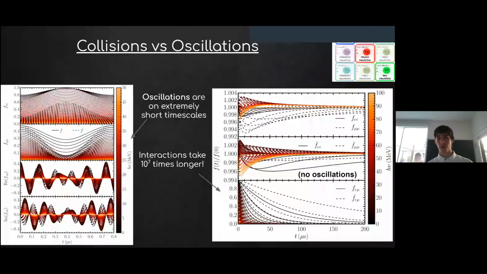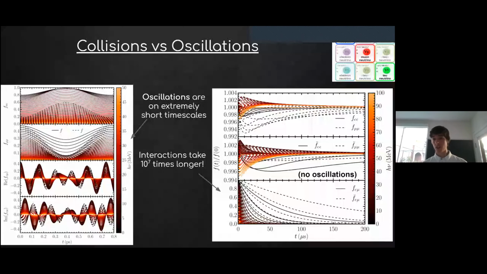This is a particular choice I just started. I'm pretending that the neutrino distribution stays isotropic and it's in a density of 10 to the 12 grams per cubic centimeter. And I start the quantum state off as a combination of muon and electron neutrinos with a large off-diagonal component saying they're quantum mixed.